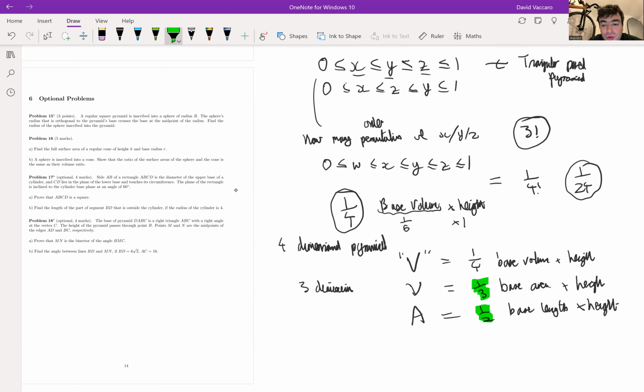And in general, the factor that you're getting at the front, which was a half and then a third, is 1 over the dimension. So that gives a sort of generalized notion of the volume of an n-dimensional analog of a triangle, then pyramid, and so on. Okay, just thought you'd like that.